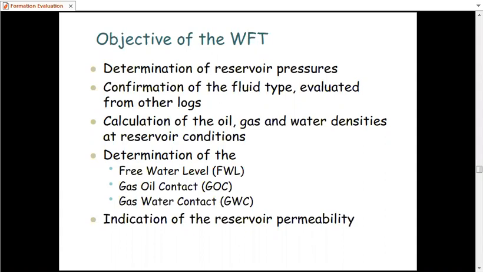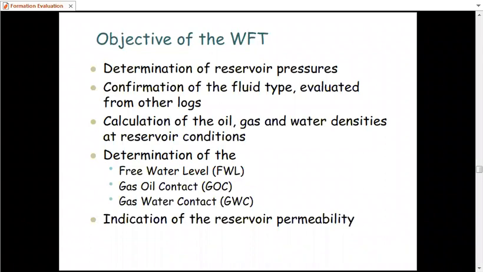And also to differentiate and identify the fluid contacts, starting from free water level, gas oil contact, gas water contact, and sometimes the oil water contact.